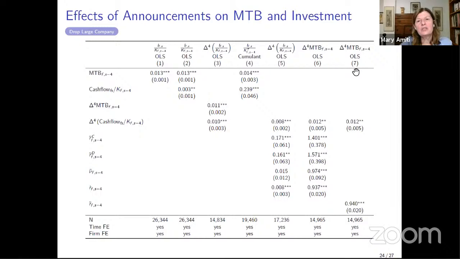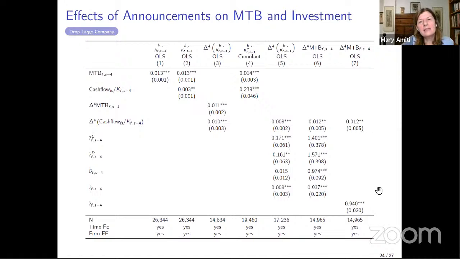And then here we say, okay, this is just a confirmation that if you just put in the abnormal return, they do affect the market to book value. This is without doing anything about our decomposition of the event.